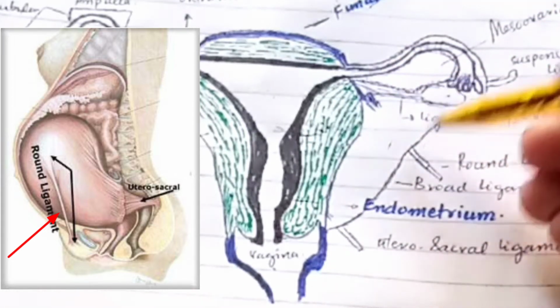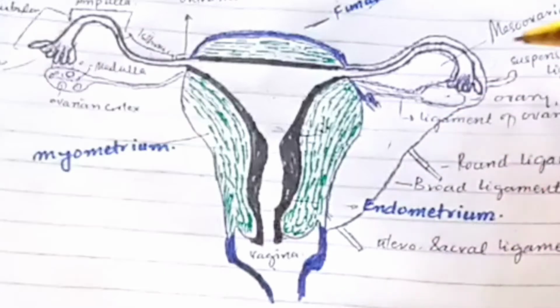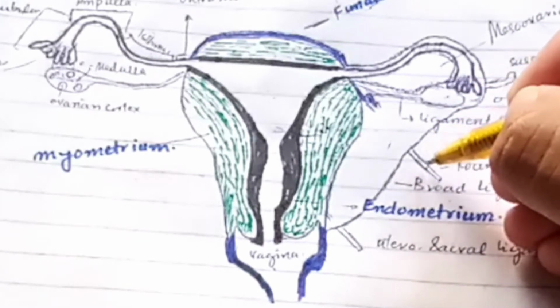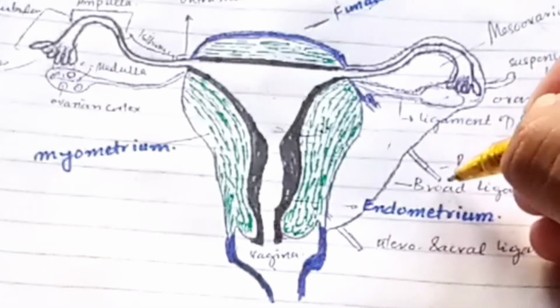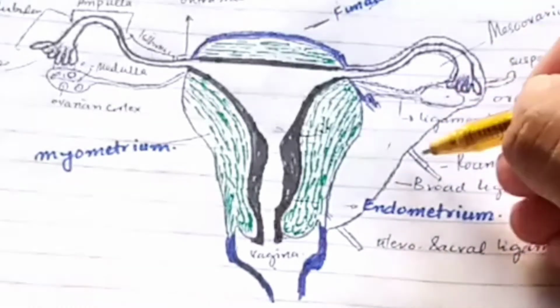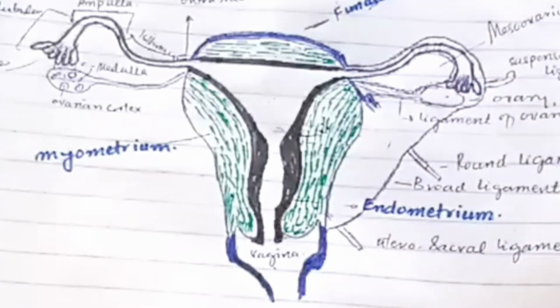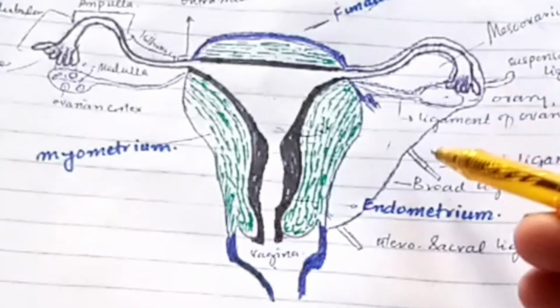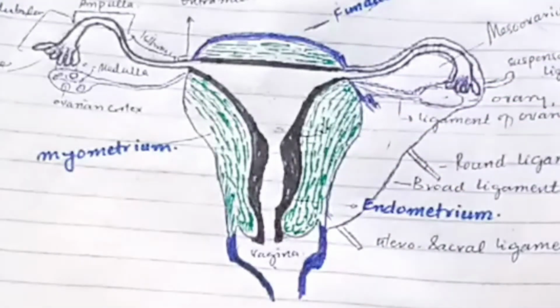It leaves the pelvis through the deep inguinal ring and then traverses the inguinal canal and then comes out through the superficial inguinal ring and then attaches to labia majora. It is a supporting structure for the uterus.